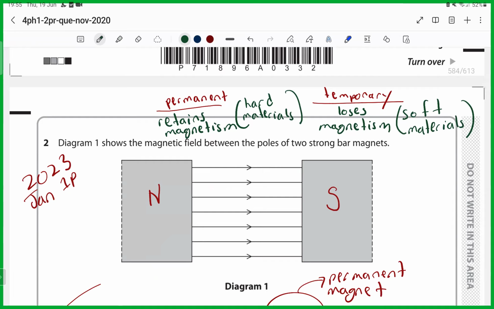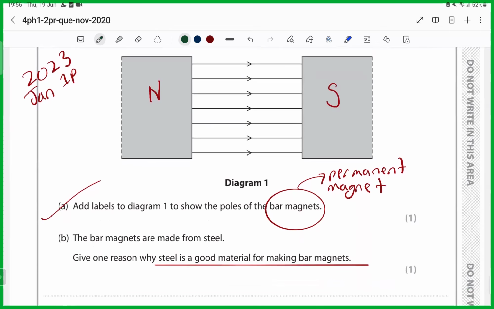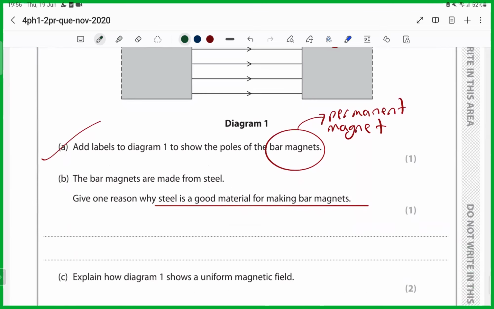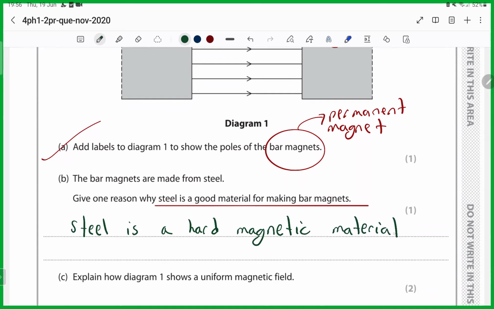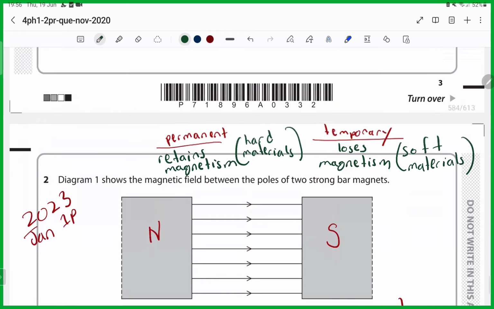Hard magnetic materials are materials that retain their magnetism, and soft magnetic materials lose their magnetism. So if I want to use a material like steel for making bar magnets, why is it good? Because steel is a hard magnetic material. Iron is soft.